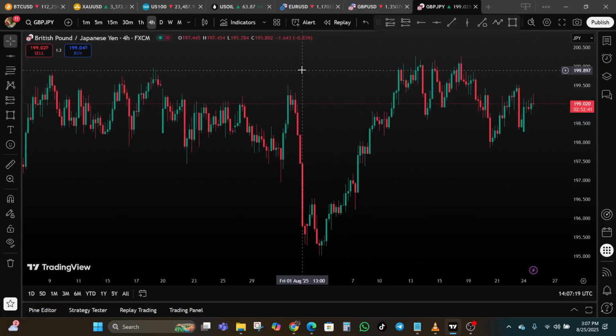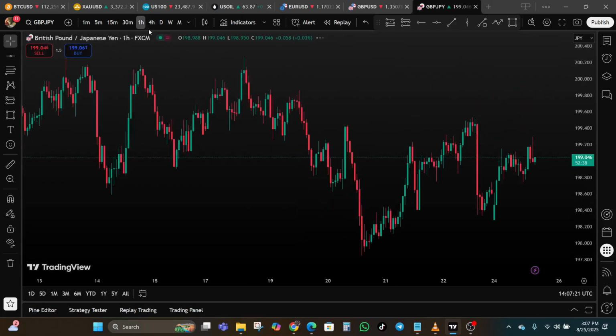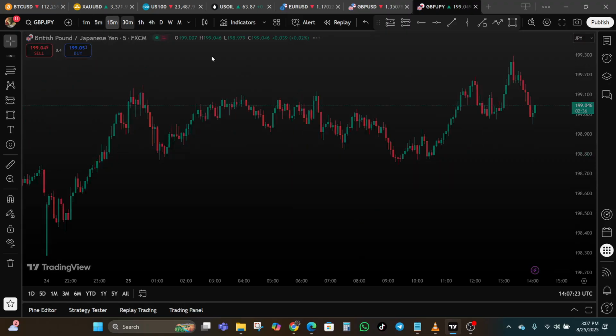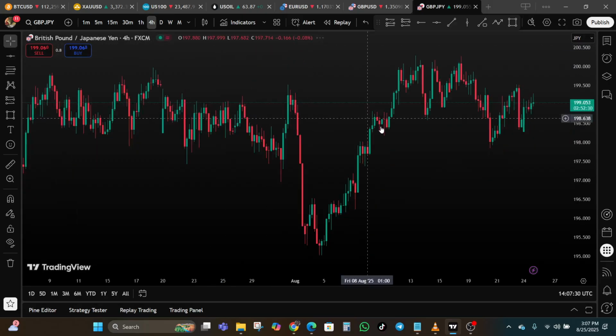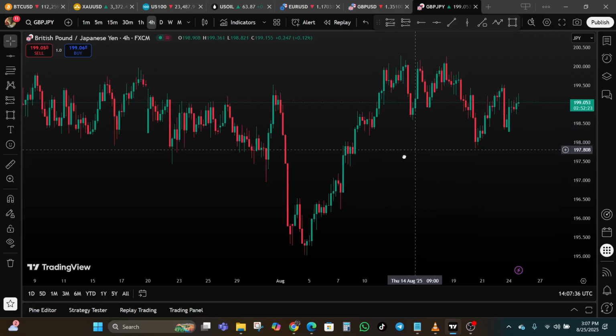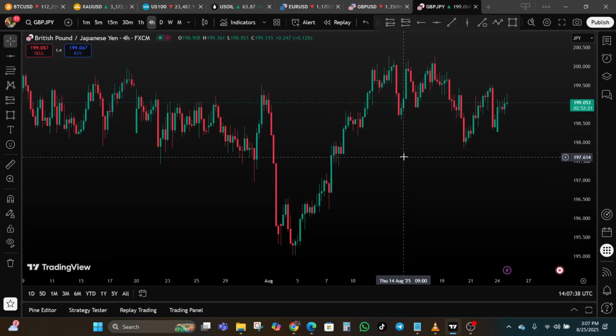Unlike the 1-hour chart or the lower charts, which can be noisy and fast moving, the H4 time frame filters out unnecessary distractions. At the same time, it still provides enough setups throughout the week to keep your trading active.